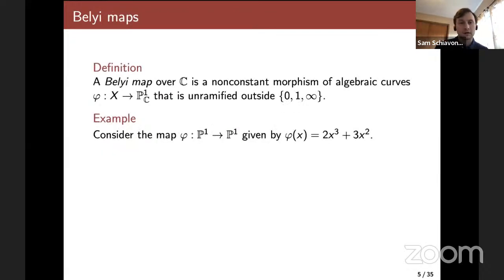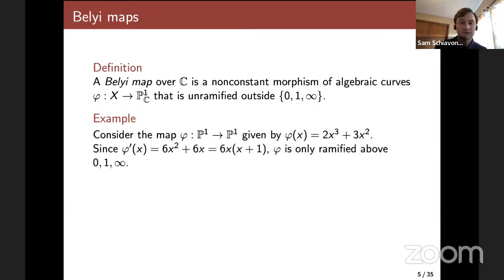All right, just to restate the definition, it's a map from X to P1 unramified outside 0, 1, and infinity. Here's a very simple example. Consider this map from P1 to P1 given by this polynomial. I claim that this is a Belyi map. Let's see why.